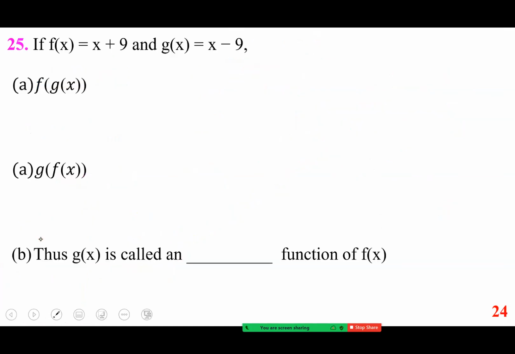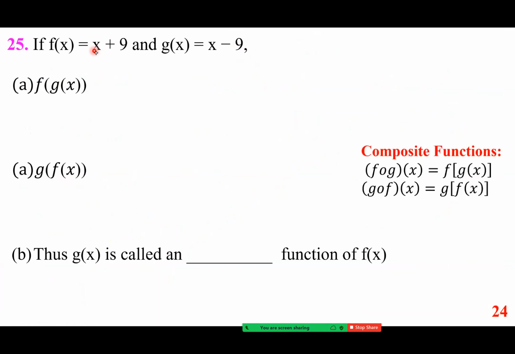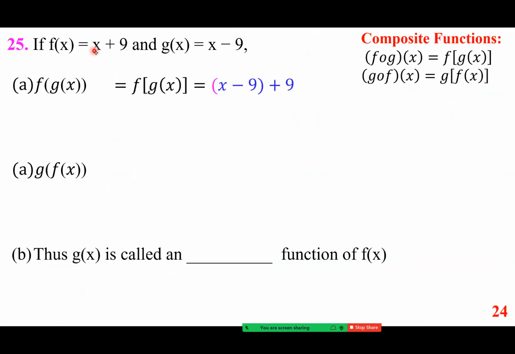f of x is given, g of x is given, and we want to find f of g of x. So basically, replace the x with the g, which is x minus 9. And negative 9 cancels out the 9, we get x. g of f of x, replace the x with f, which is x plus 9.